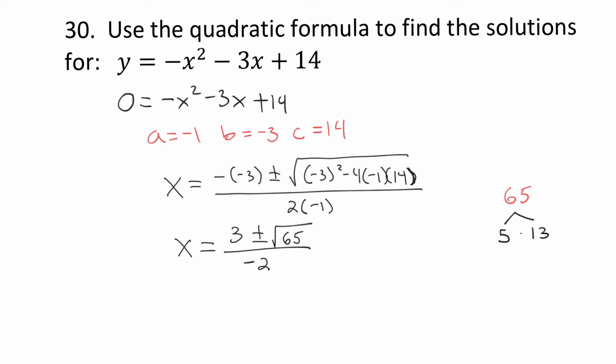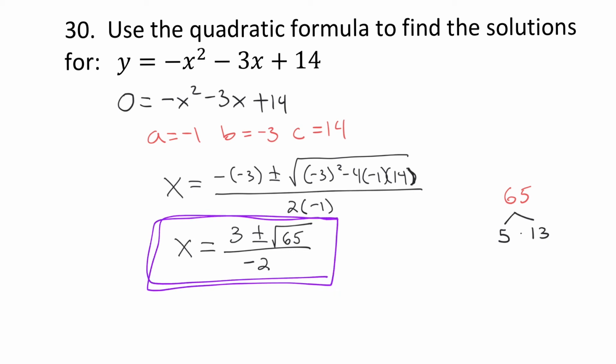Oh, guess what? 5 is prime, 13 is prime. You cannot break down the 13. We don't have pairs. So what it means, you cannot simplify the radical. So my answer is in radical form. That's your answer right here. You cannot simplify the radical. This one doesn't have a radical, so you don't have to separate the plus and the minus. You keep it together, and we do have a negative 2 on the bottom.